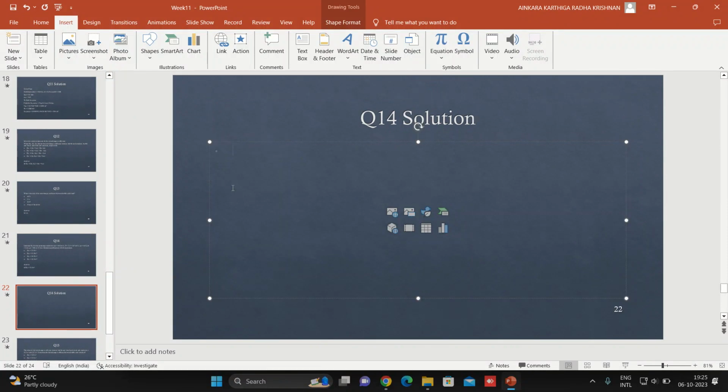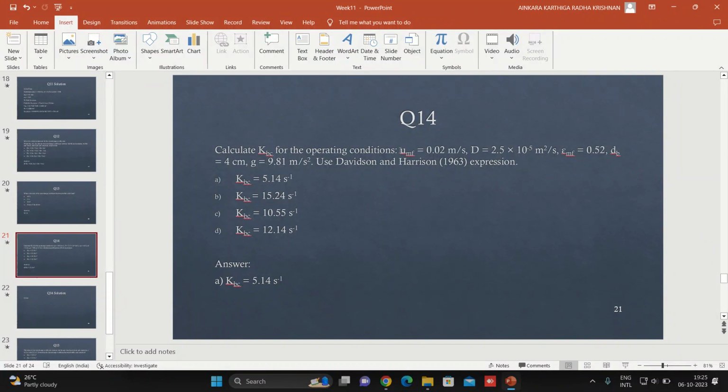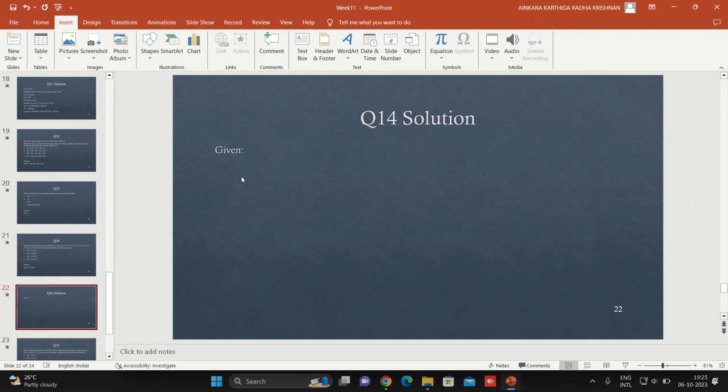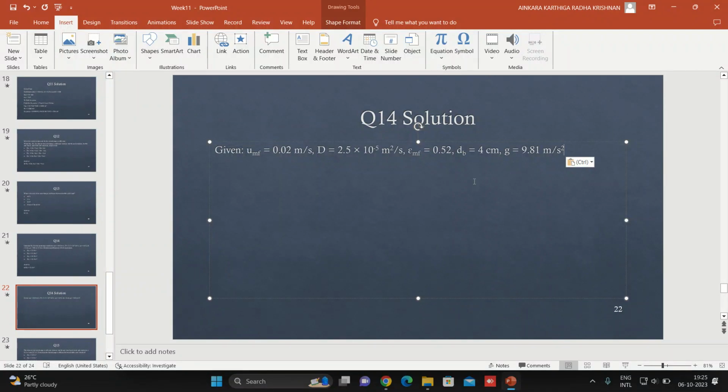So as always, we'll start with writing the given. So what are all the things that are given. So now we need to find KBC.